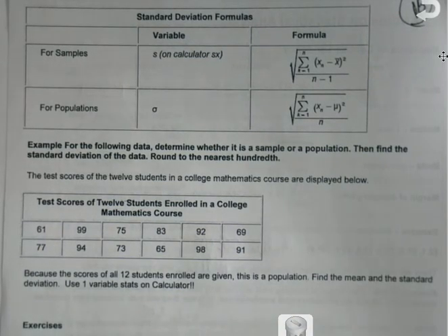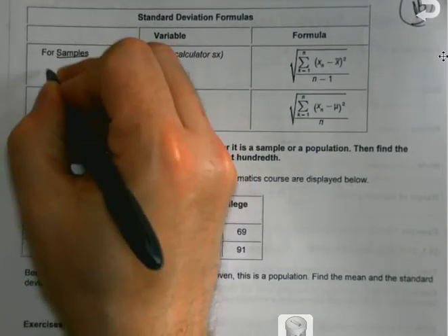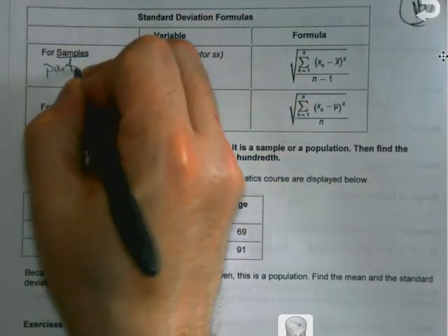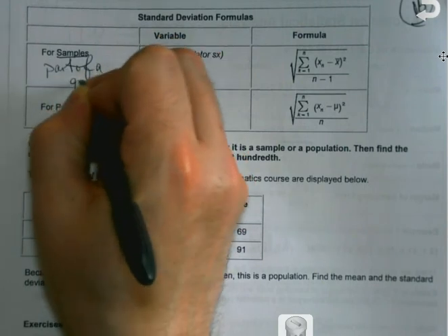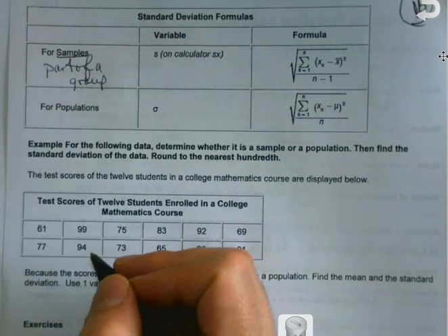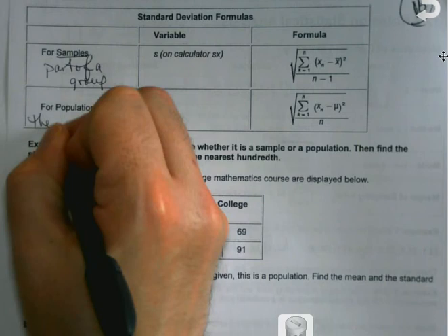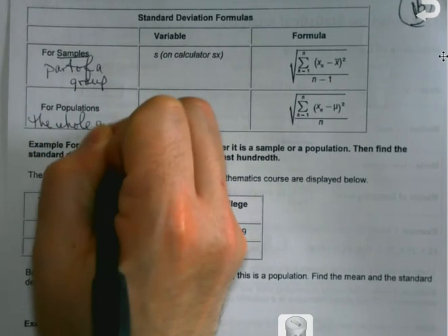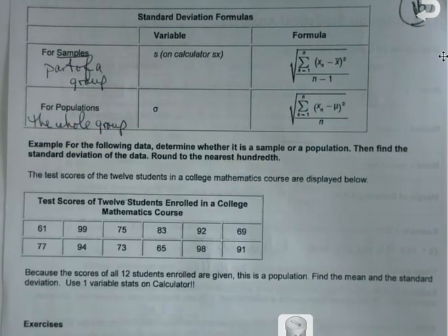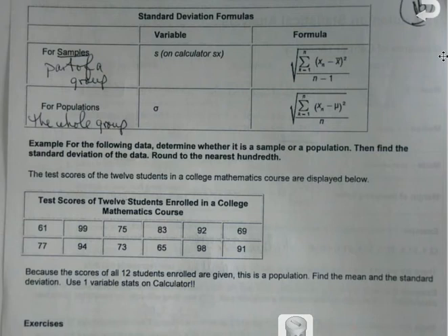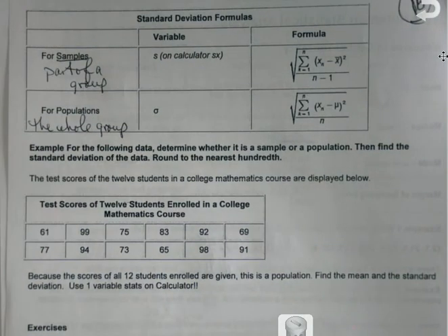So, we're going to try to figure out if something's a sample, part of a group, or a population, the whole group. Because how we determine their standard deviation depends on which way that we're going to do that.